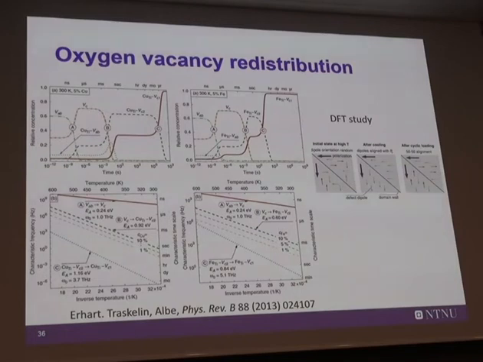To make a long story short, from DFT they could explain that in these two cases where you are acceptor doping, the configuration of the point defects will be summarized in this cartoon image here. After the preparation, these micro dipoles are randomly oriented because all the point defects are randomly oriented.